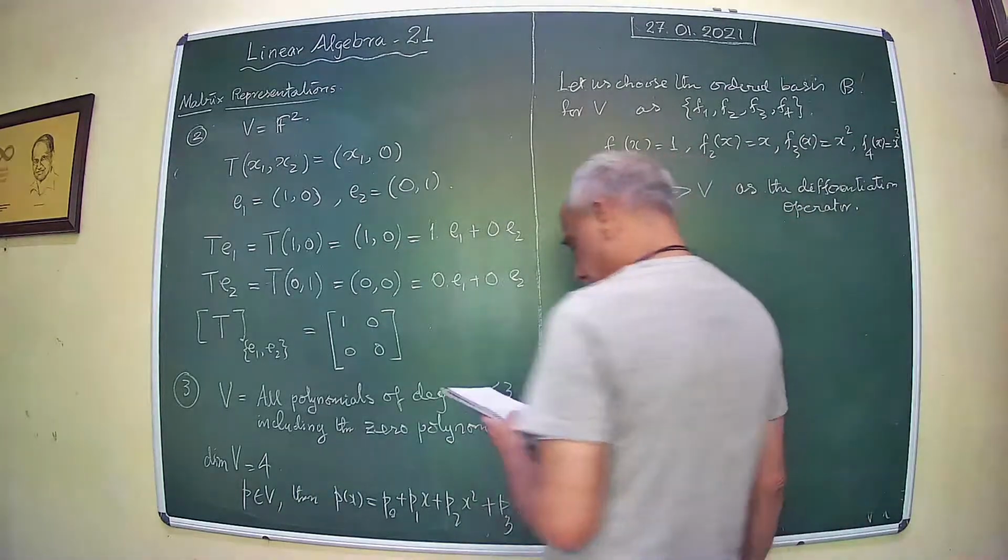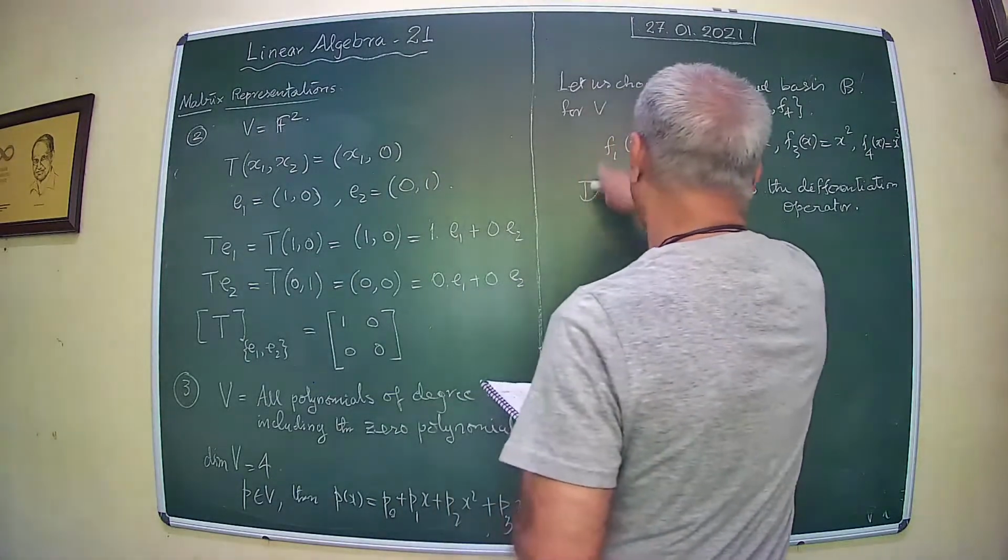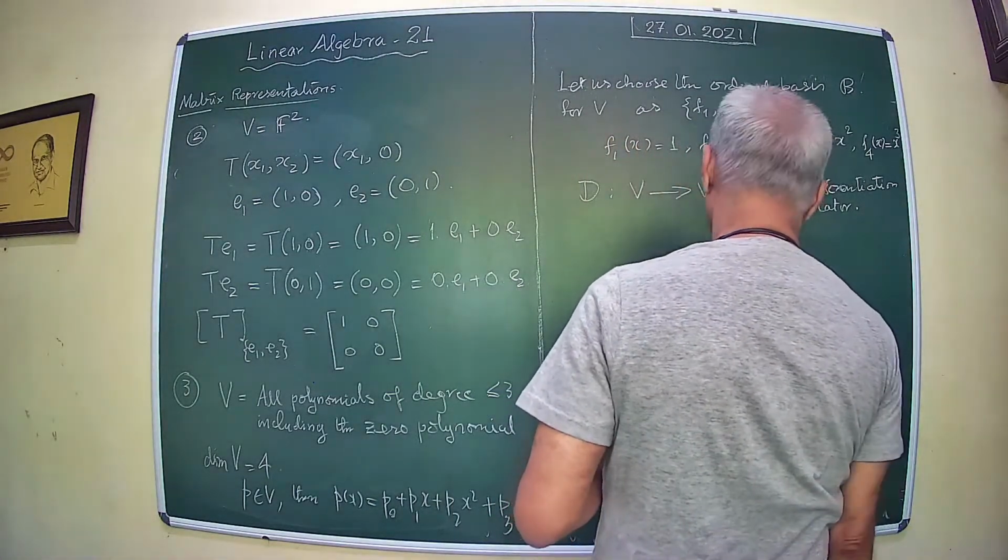What does it mean? Now let us compute the action of D on F1, F2, F3 and F4.